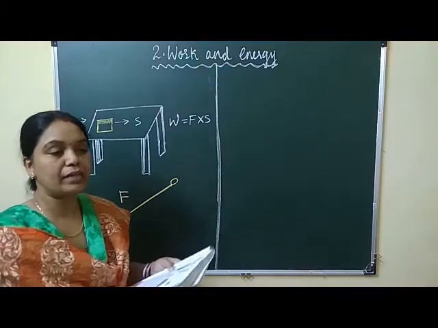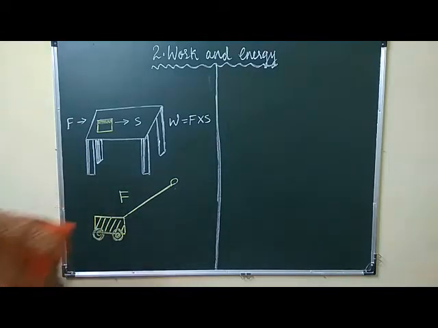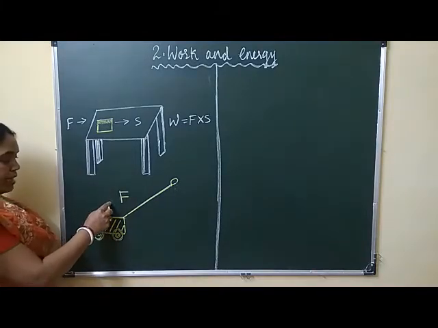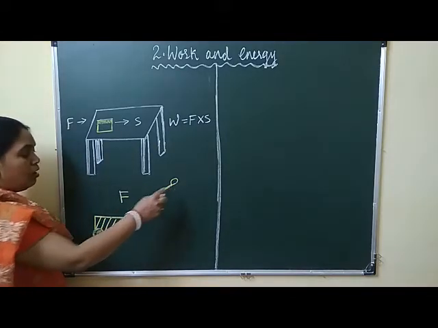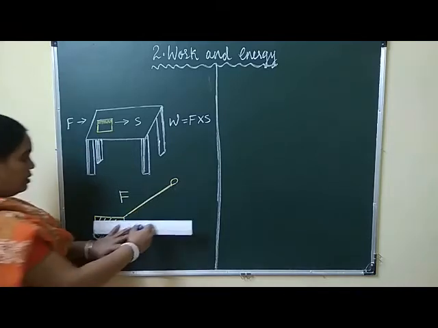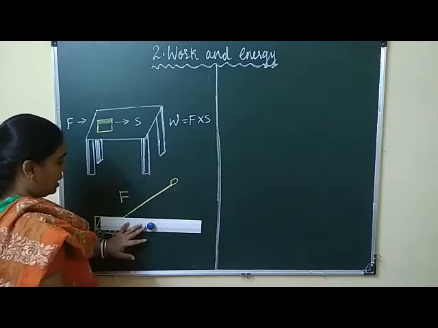Now we have to calculate work done in such cases. Now we will take the second example, where force applied by the girl on the string is making the toy car move in horizontal direction.